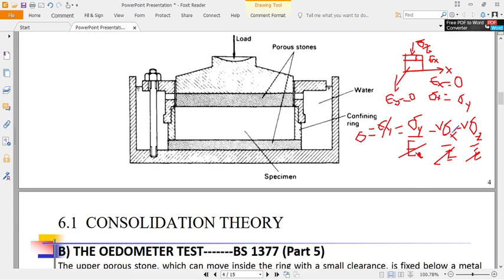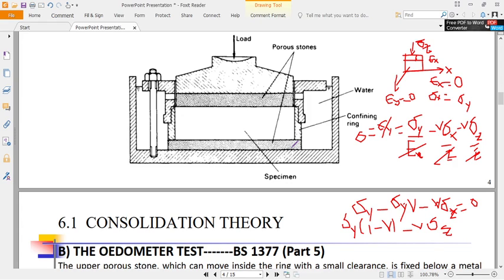We say that stress in X is equal to stress in Y. Since this is equal to that, this can also be Y. So you find stress in Y minus Poisson ratio times stress in Y minus Poisson ratio times stress in Z. When you factorize out stress in Y, we shall have 1 minus Poisson ratio times stress in Y is equal to Poisson ratio times stress in Z. So our Z is the vertical, and Y or X is the lateral stress.